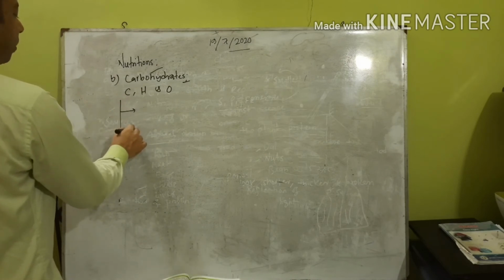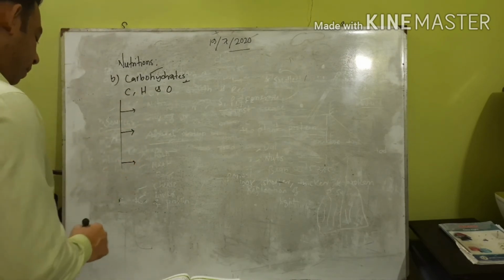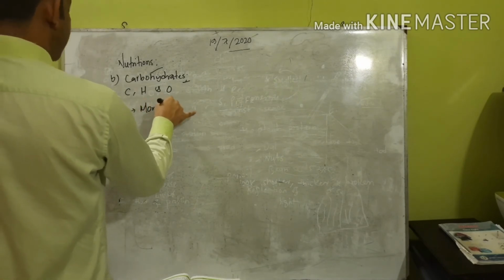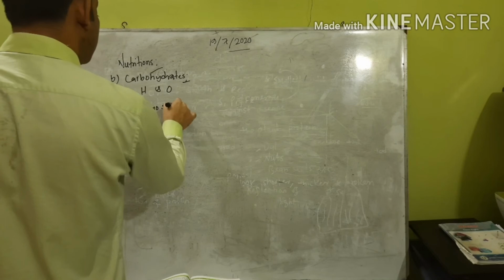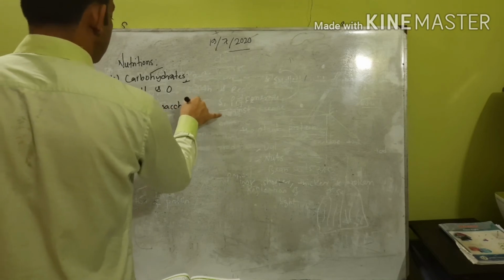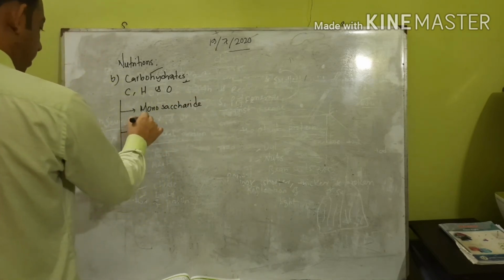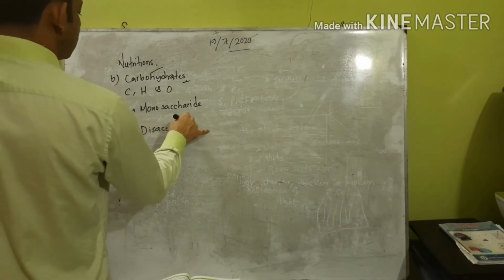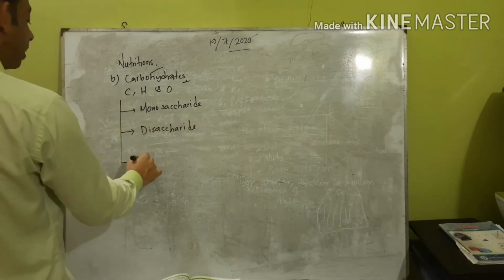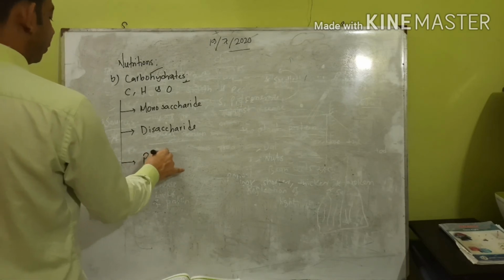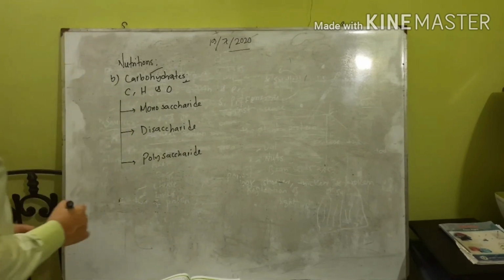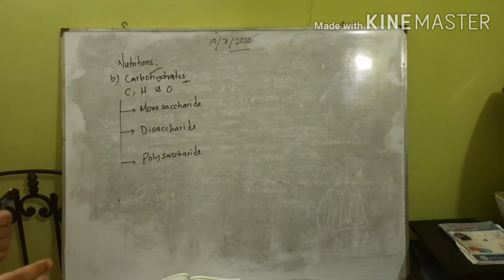Carbohydrate has several types and kinds: monosaccharide, disaccharide and polysaccharide.